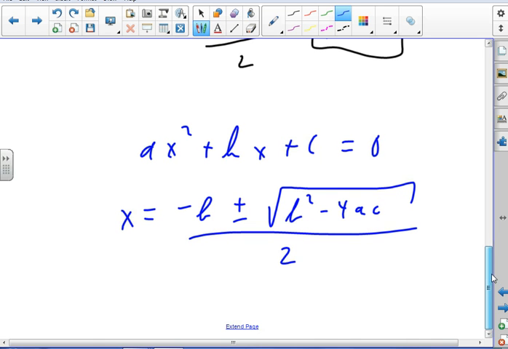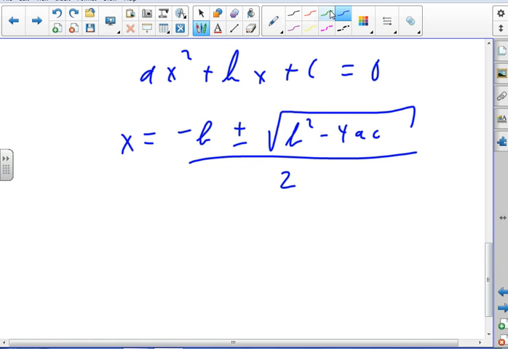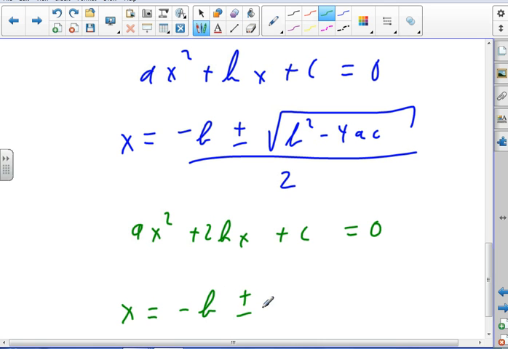Now, this is what the math people hide from you. If I have ax squared plus 2bx plus c equal to 0, so that means this is an even number, 2b, then x is going to be minus b plus or minus the square root of b squared minus ac, divided by a.